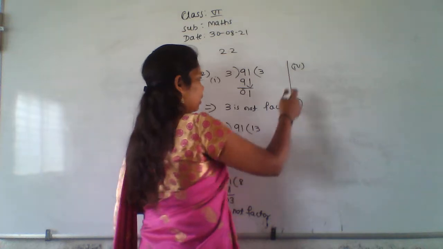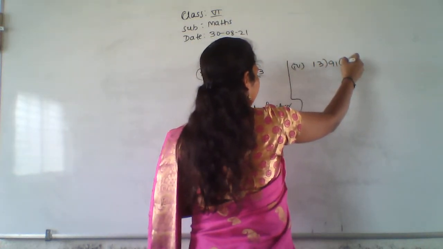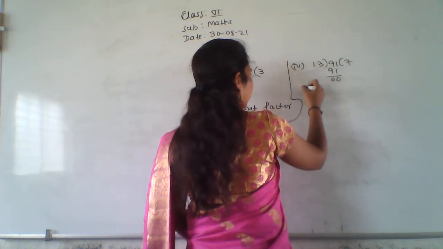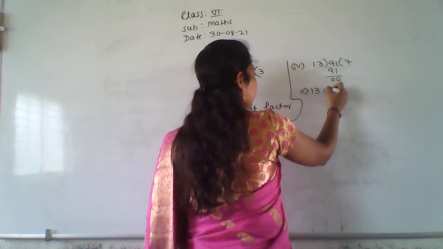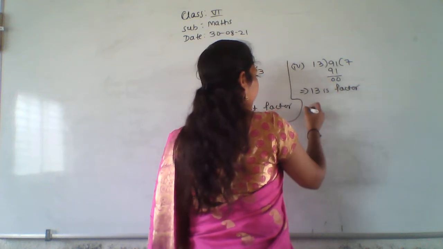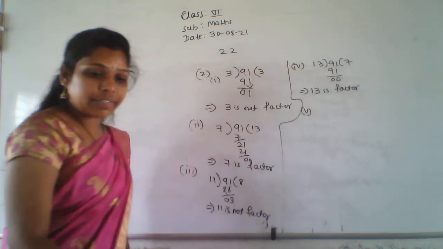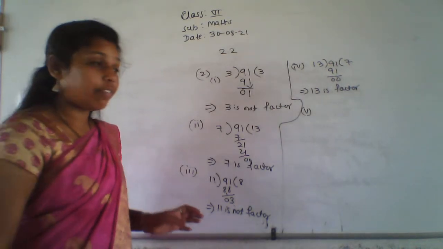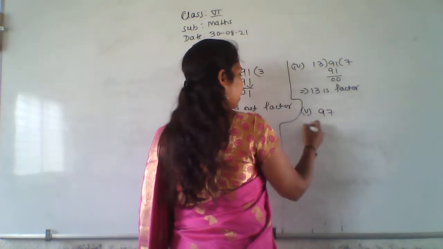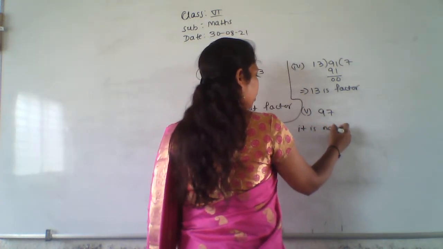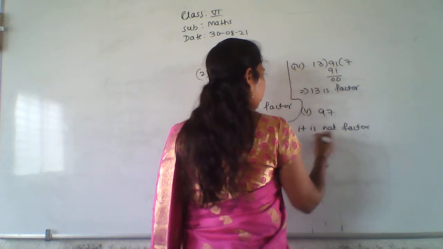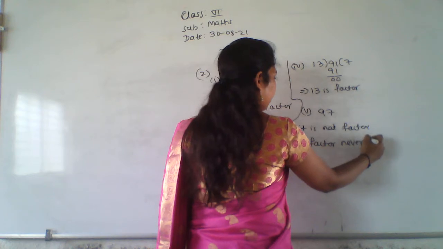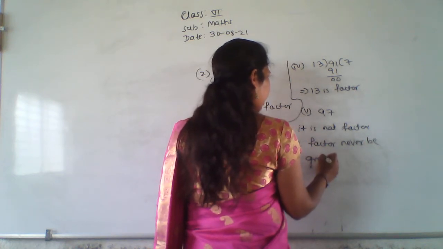Yes, of course 13 will divide 91. 13 sevens are 91. So which implies that 13 is a factor. Next, the fifth one. What is the fifth case they gave here? 97. Obviously 97 is not a factor, right? It is not a factor because a factor is never greater than the number.